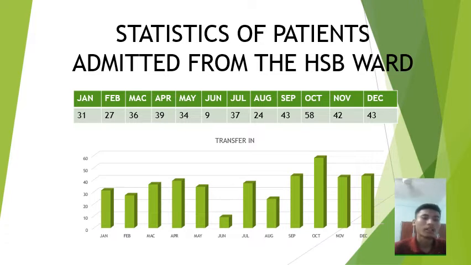Okay, lastly, in November, the statistic dropped to 42 patients, and lastly it increased slightly in December with a total of 43 patients. Okay, that's all from me.